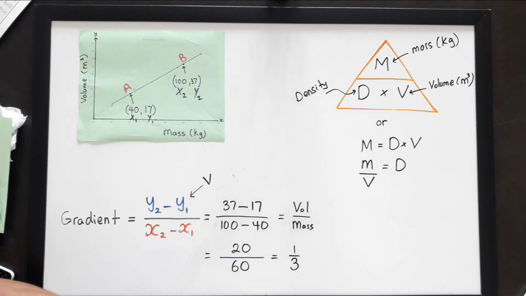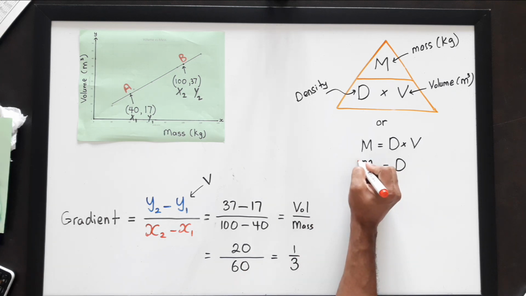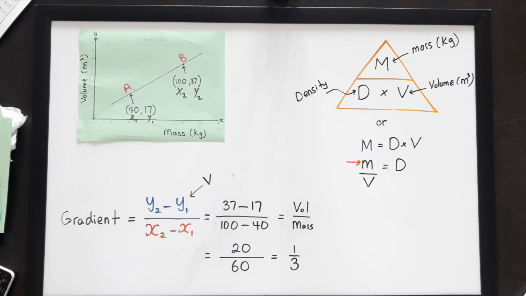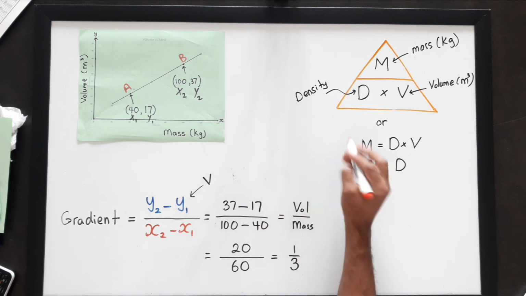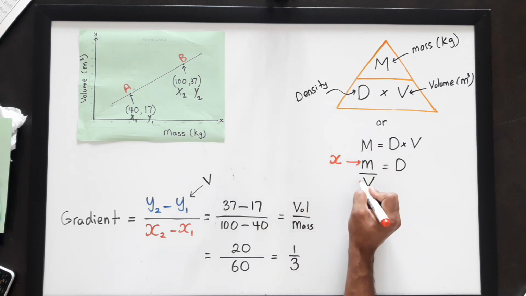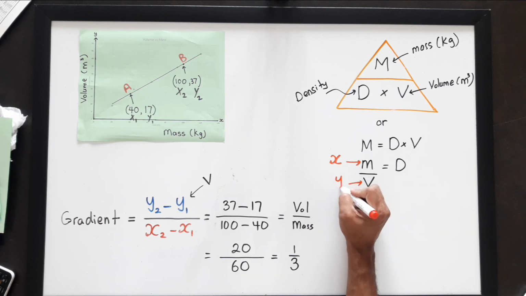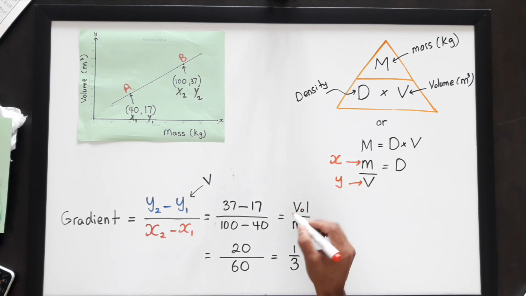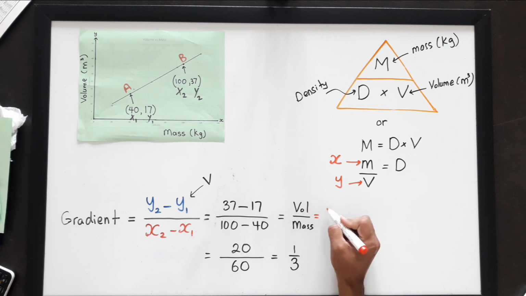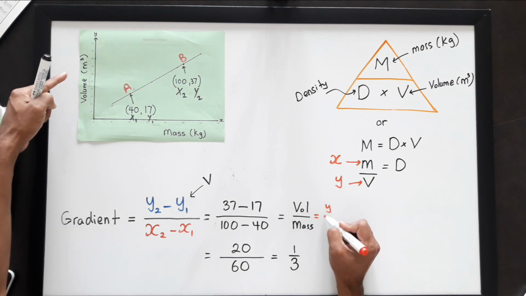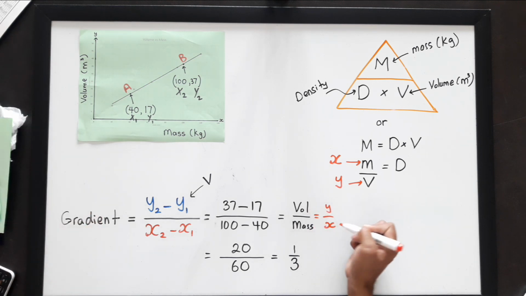But which axis is the mass on? The mass is actually on the x-axis. And which axis is the volume on? That's the y-axis. But when we found the gradient, right, we were doing the opposite. Remember, the volume is actually on the y and the mass is on the x.